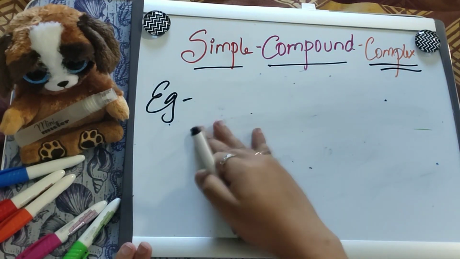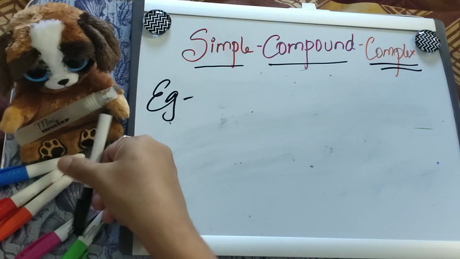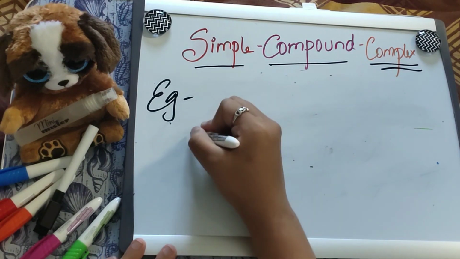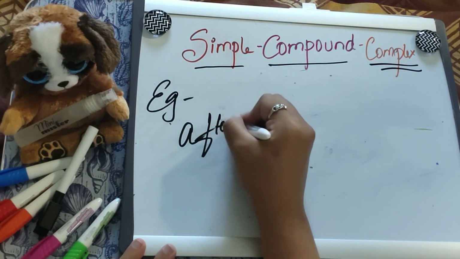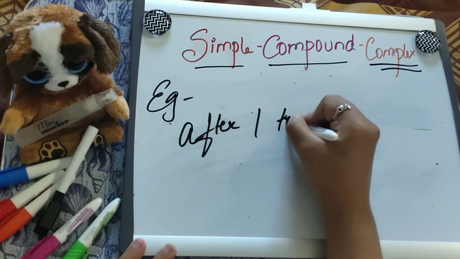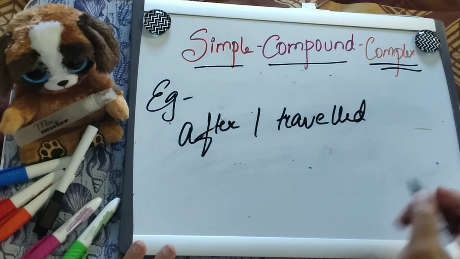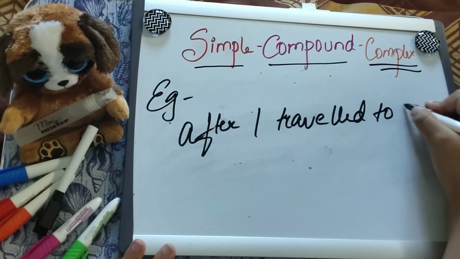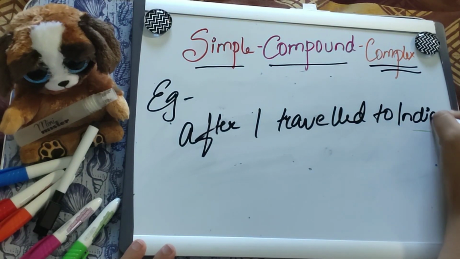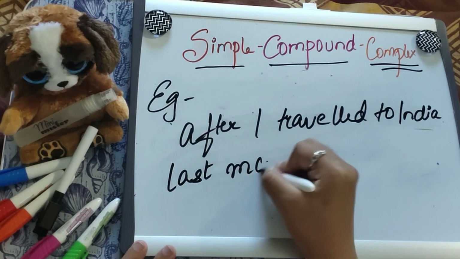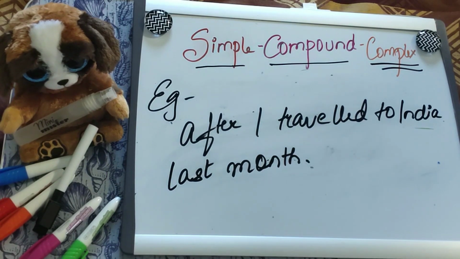For a dependent clause, the example can be: after I traveled to India last month.